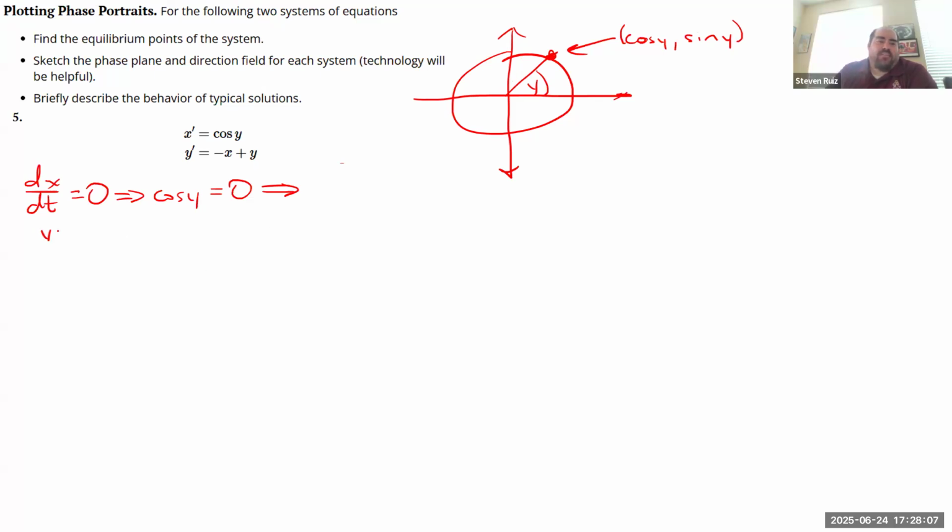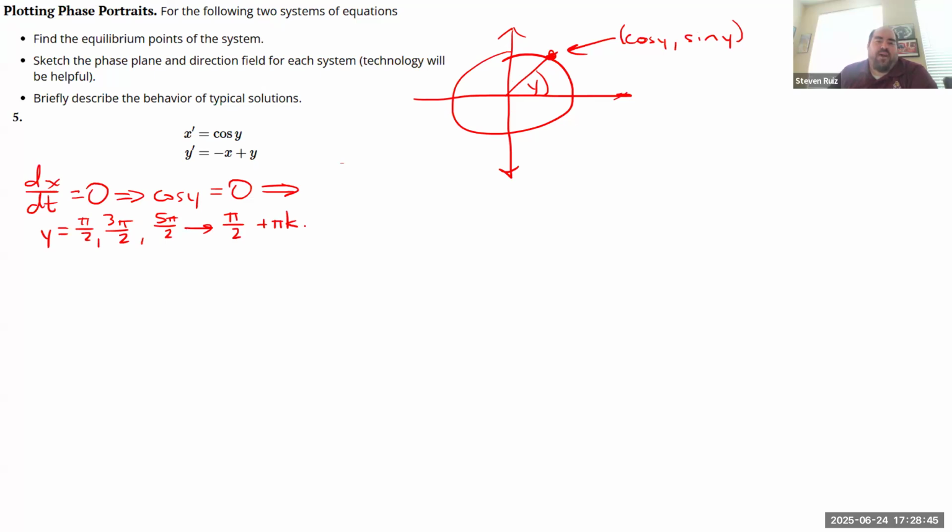Well, let's just pick out a few and then we'll see if we can generalize it. It's going to happen at pi over 2. It's going to happen at 3 pi over 2. And then it's going to kind of repeat. So basically positive y-axis, negative y-axis. But then if I go around again, I'll have 5 pi over 2. And so essentially what I'm seeing is this. It's going to be pi over 2, and then every pi after that.